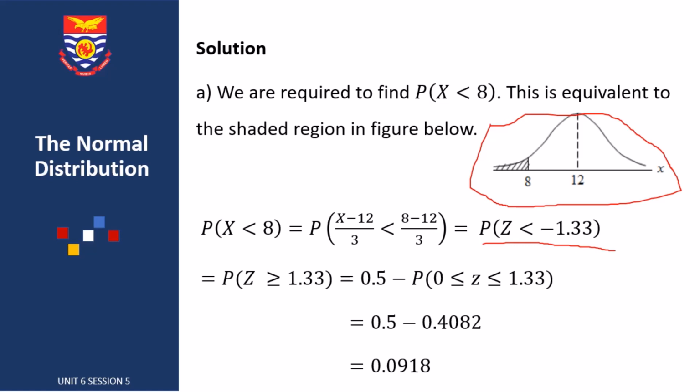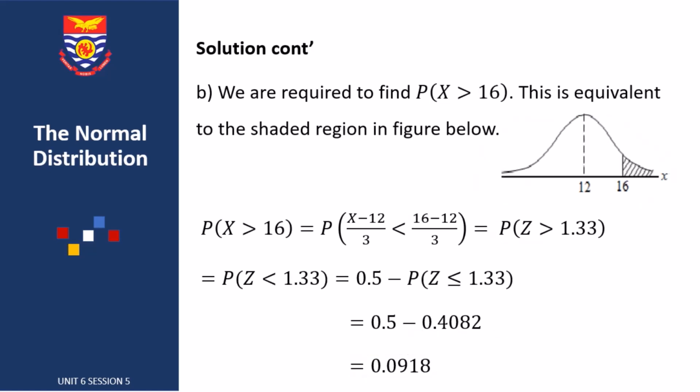How will you read that? That will be 1.3 under 0.03. Reading that from our standard normal table gives us 0.4082, resulting in our final answer of 0.0918.